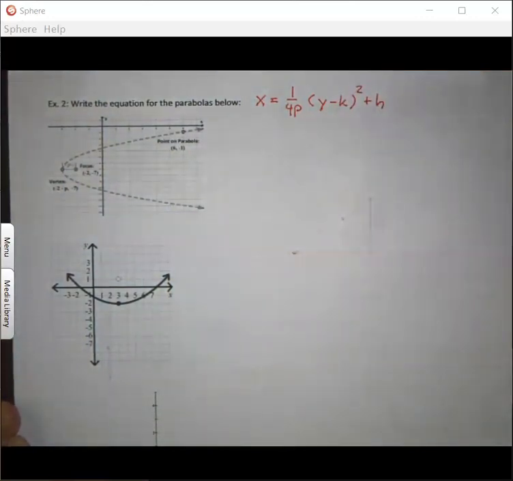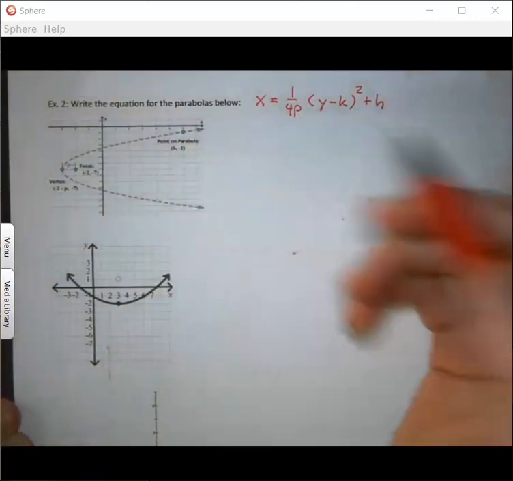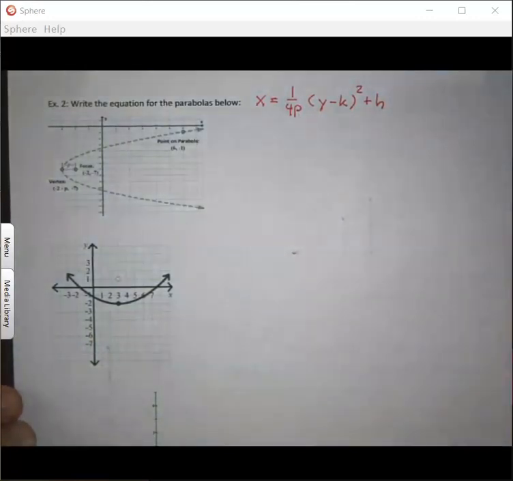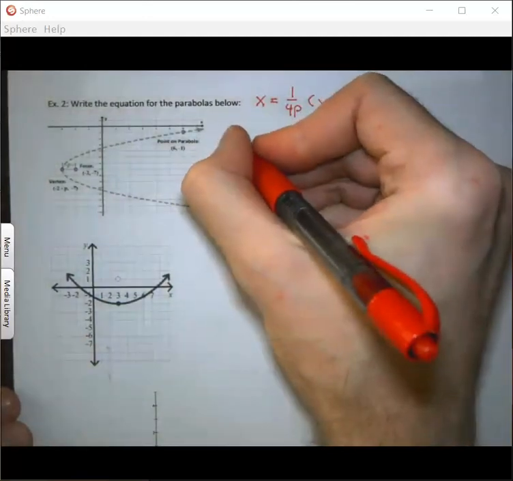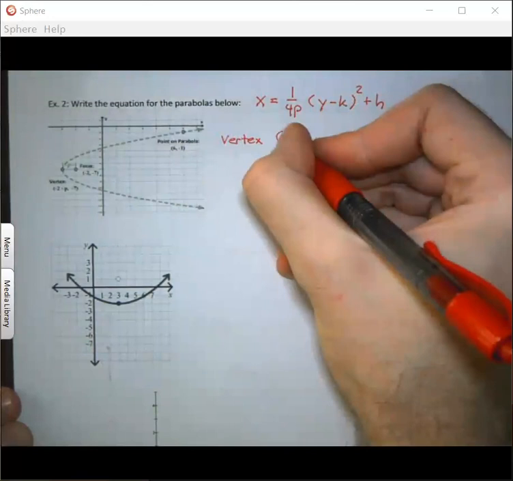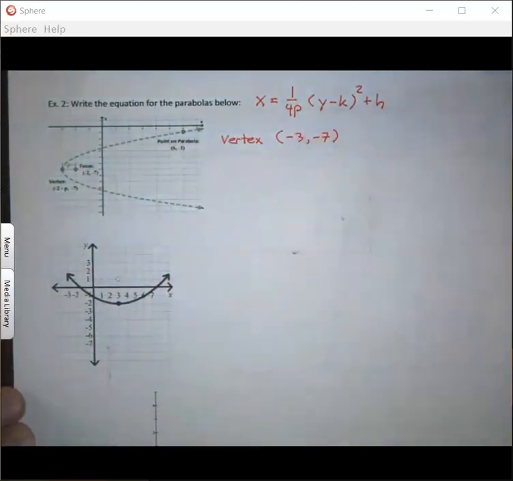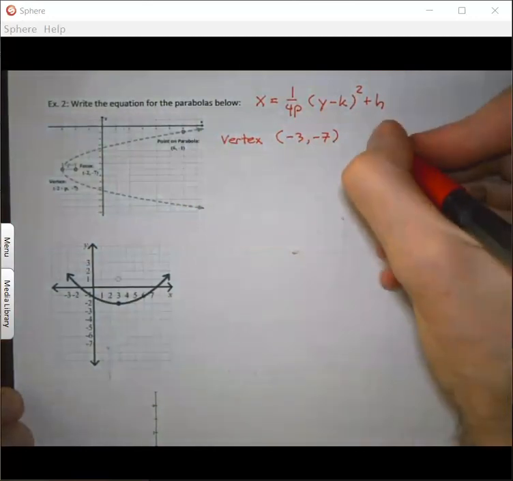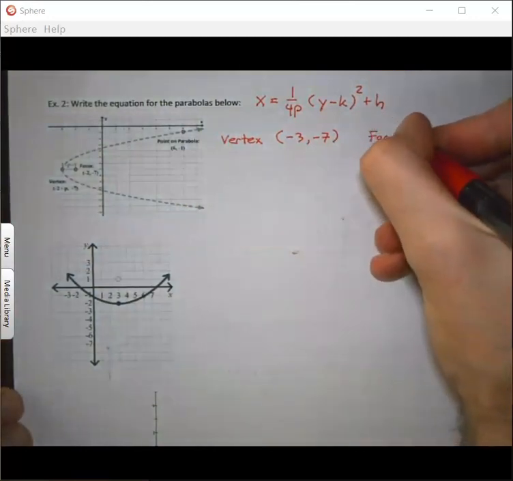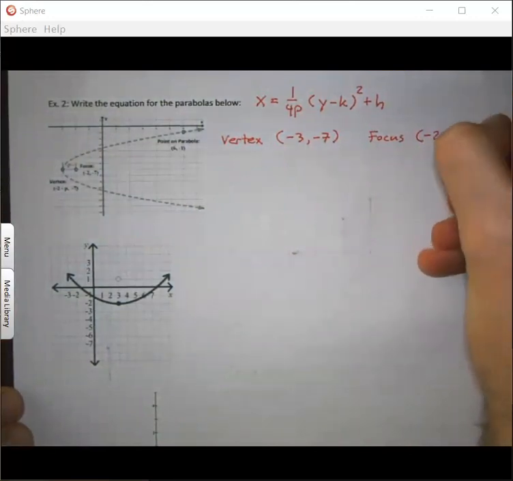So we're going to use our vertex and our focus to find the value of p. So our vertex, we can see, is minus 3, minus 7. And our focus is minus 2, minus 7.